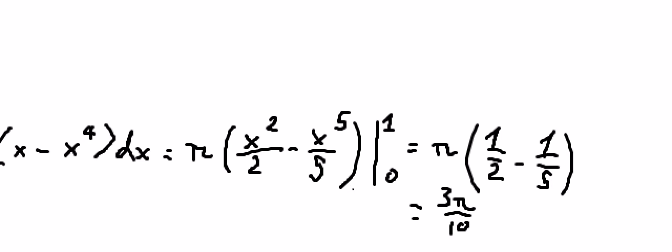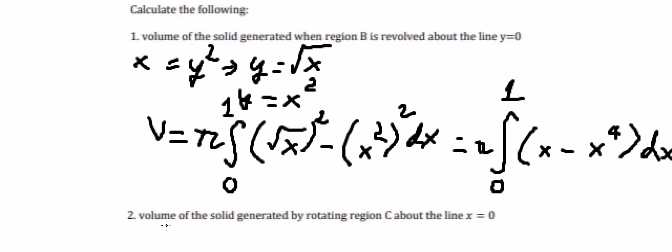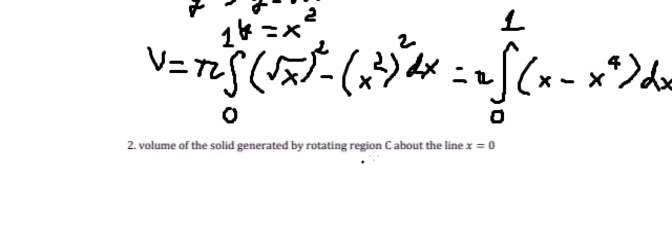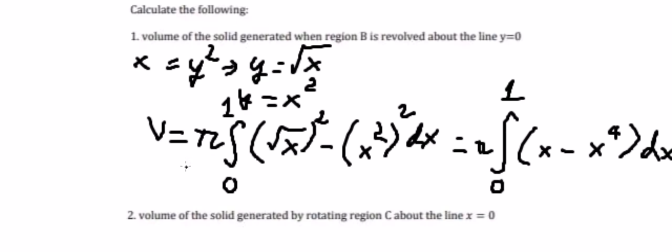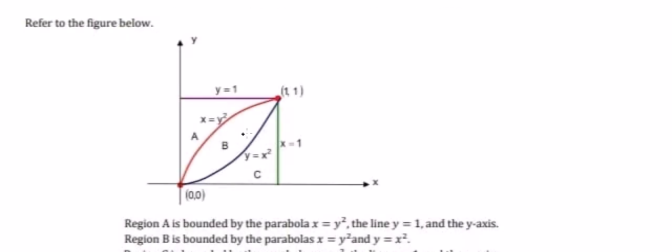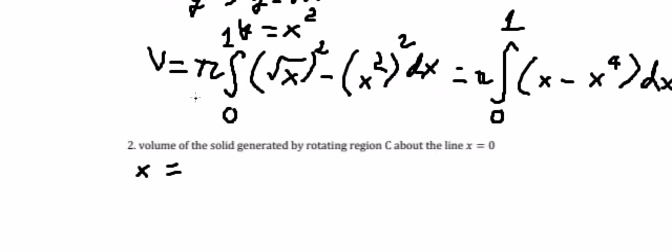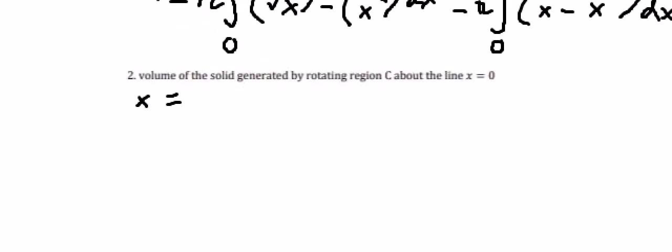Now let's go to the second one. Find the volume of the solid generated by rotating region C about the line x equal to 0. So we have x equal to 0 here. And we have C. Oh, C, sorry.